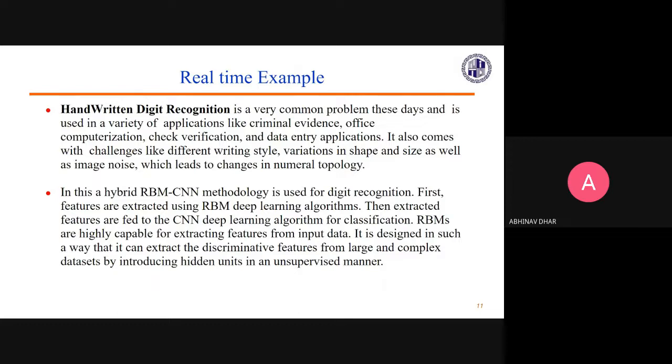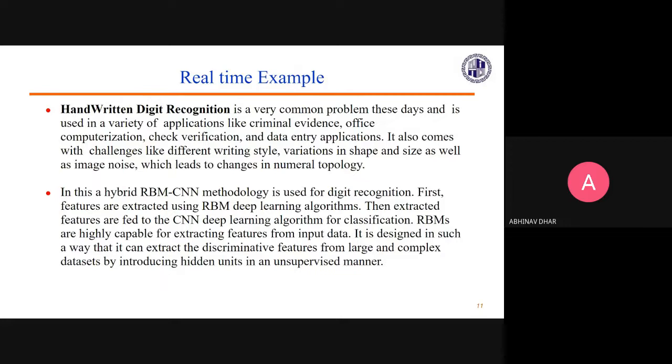Handwritten digit recognition comes with a lot of challenges, such as different writing styles and variation in shapes and sizes. Therefore, an RBM is highly capable of extracting the important features from this input data, and it is designed in such a way that it can extract discriminative features from large and complex data sets by introducing hidden units.